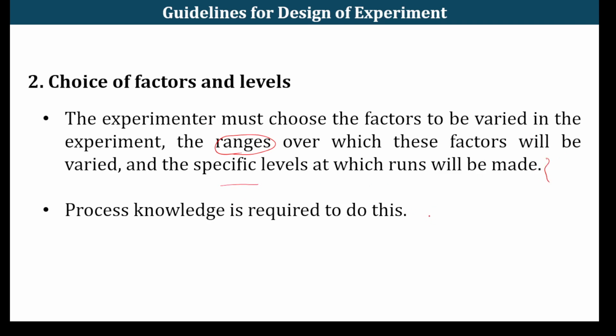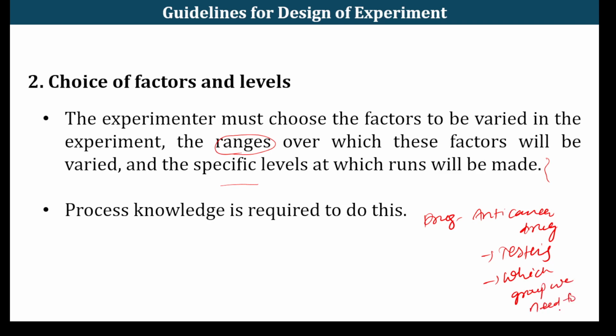Let's say we have made one drug, an anti-cancer drug. Now we have to do some testing. Now we have to do the experiment. So we have to check which group we need to take, and then what the sample size is.